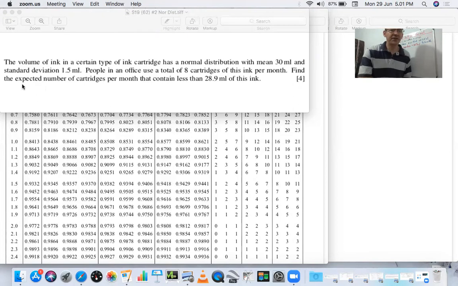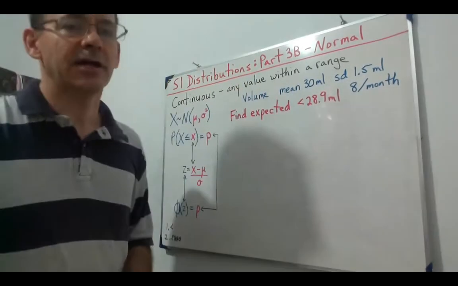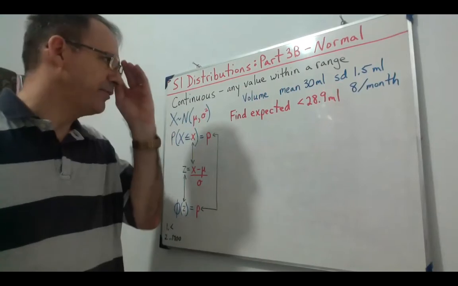So whenever you see that expected number, you have to get your probability and multiply it by the total to see how many that you would expect. Okay, so now that we have that, let's go back to our board here and look at some of the key things.